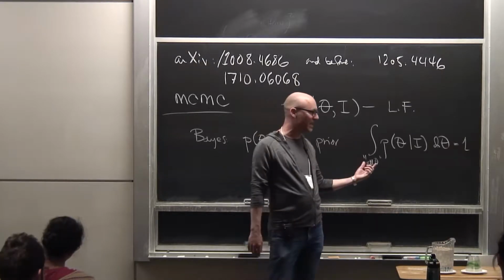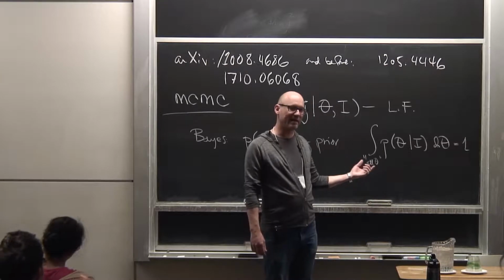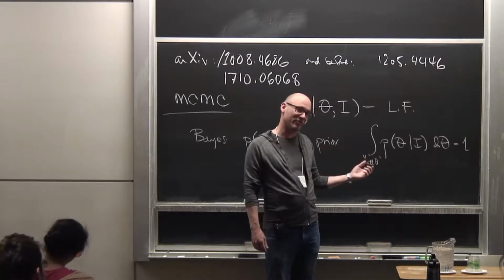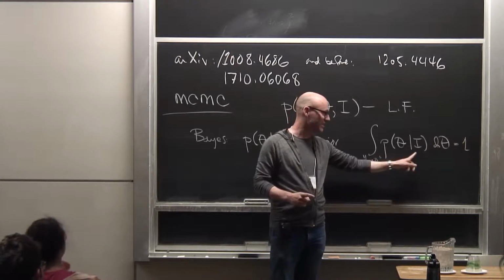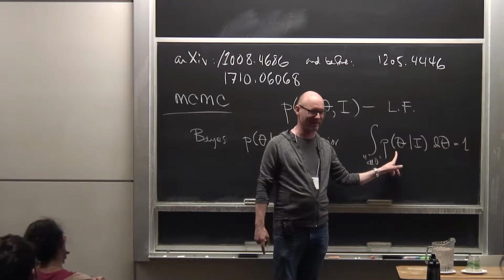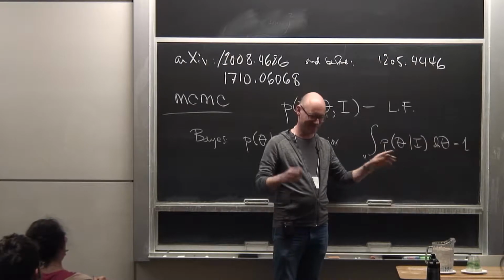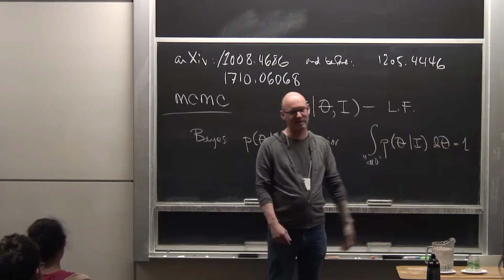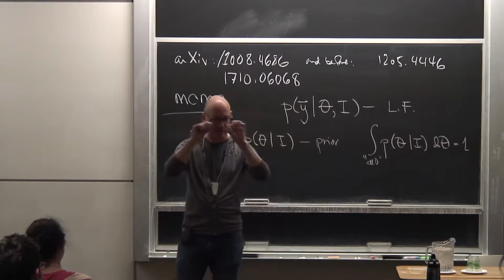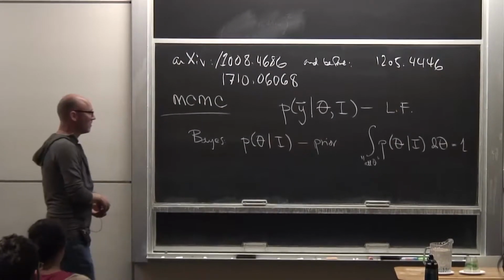So there's some domain of theta. And the idea is that either you limit the integral to the allowed domain of theta, or this function is exactly 0 where theta isn't allowed. There's a kind of support concept. This probability distribution has support only where theta is allowed. That's another way to think about it.